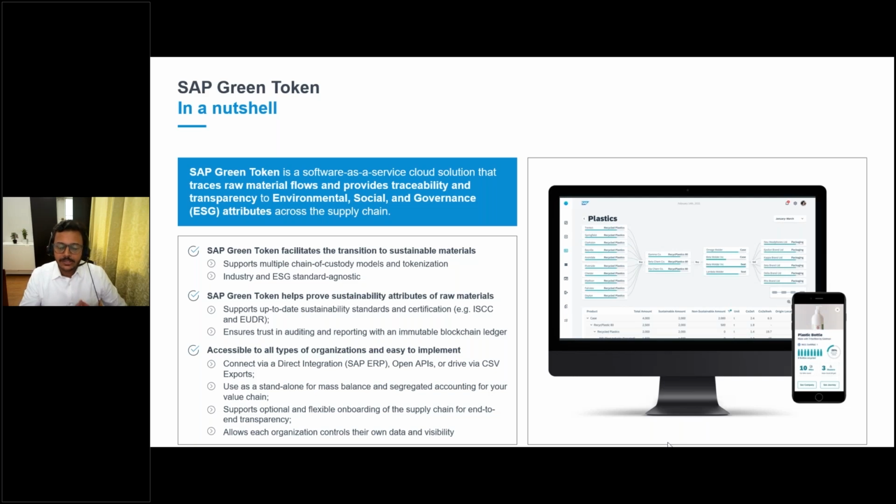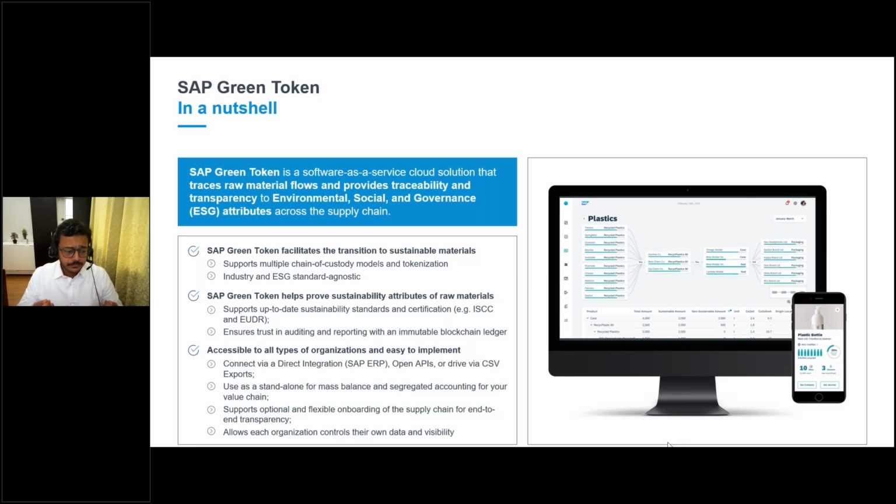What it does is allow an organization to capture various sustainability certificates and documents and make this data transparent in their own supply chain, but also to their customers and other companies in the whole network, if the company chooses to make this information visible. So it provides a way to prove the sustainability claims by companies.